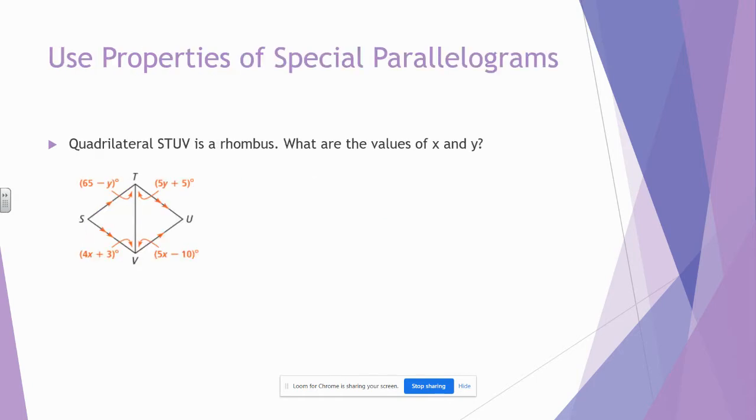So let's get into using these properties of special parallelograms. We are told that our quadrilateral STUV is a rhombus, and we want to find the values of x and y.